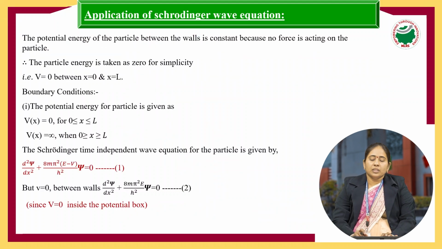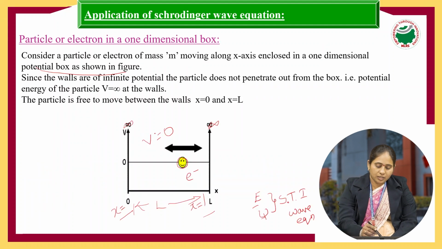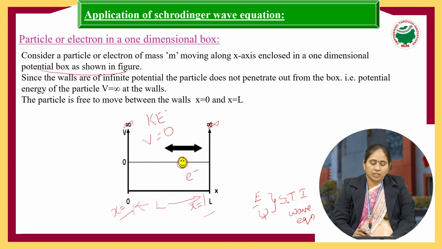Next one. Here the particle, the electron, is between the walls, where no force is acting on the particle. So the particle is free to move inside the box only. That means the particle has only kinetic energy but no potential energy inside.